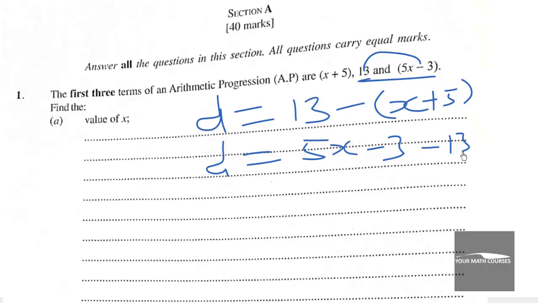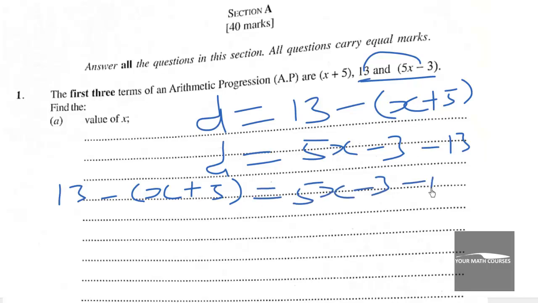So it means we will have 13 minus (x plus 5) being equal to 5x minus 3 minus 13. So we have 13 minus x minus 5 is equal to 5x minus 16.